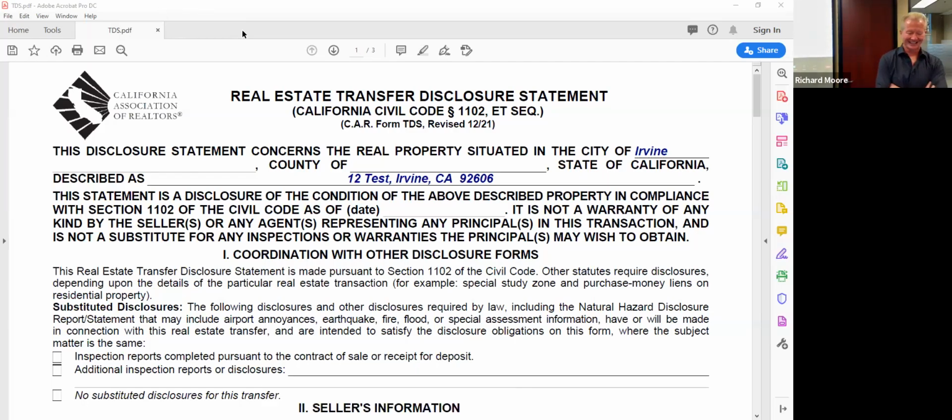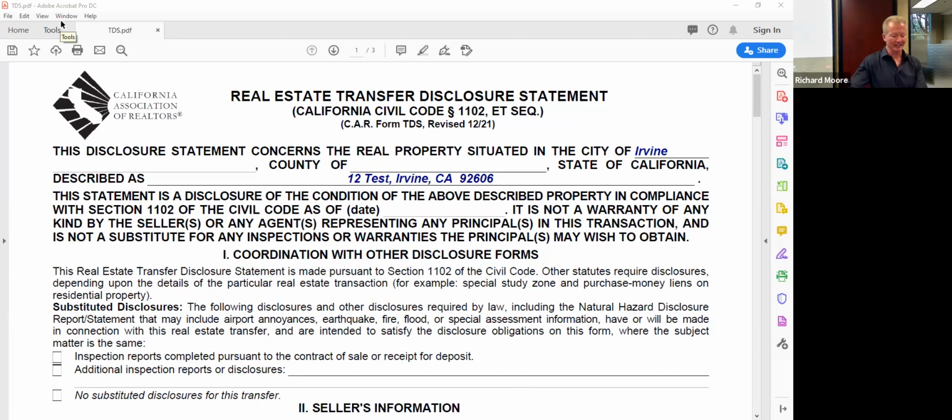Okay. So I'm sure we've had this discussion before on the TDS, but there continue to be a lot of questions about when it's required and the ramifications of the TDS itself. So a couple of questions we're going to address today. Are there any transactions involving 1 to 4 unit residential property for which the seller is exempt from providing a TDS?